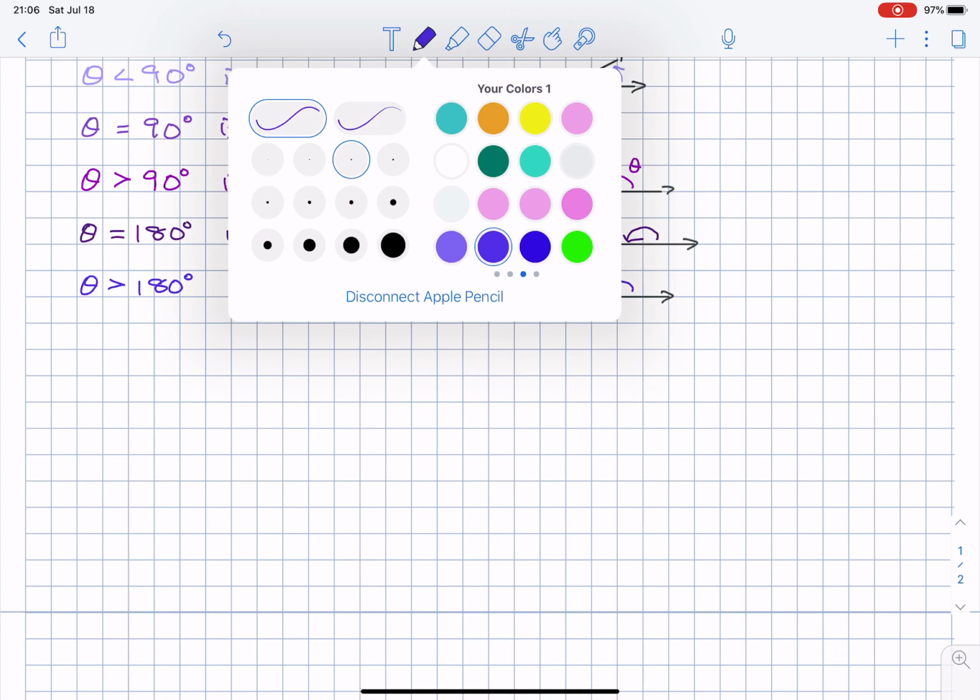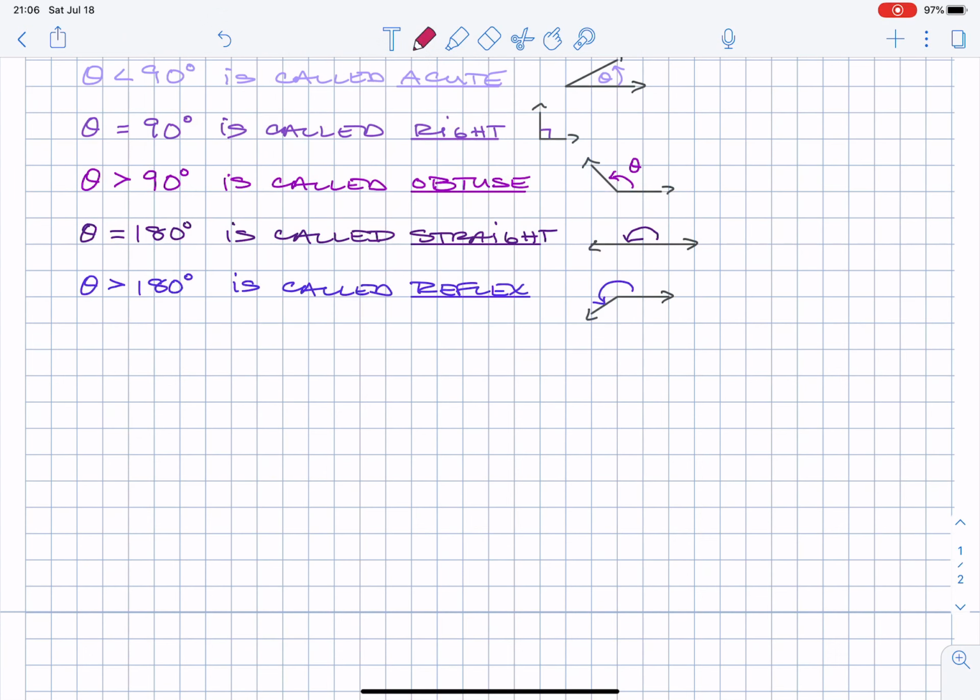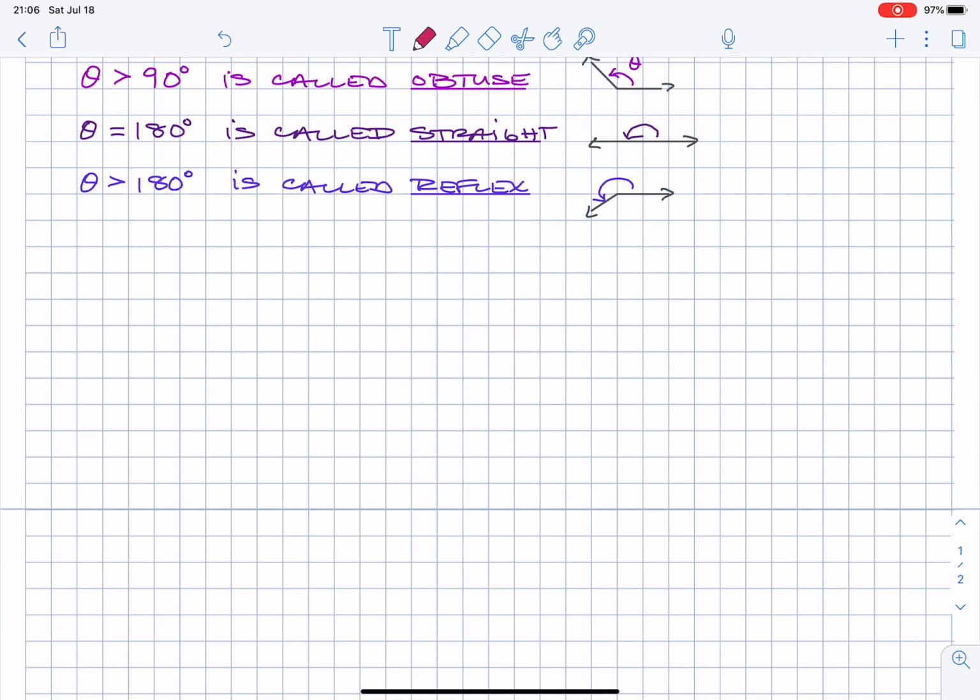Okay, so let's recall. Hopefully this is a recall. If it isn't a recall, then please learn it now.